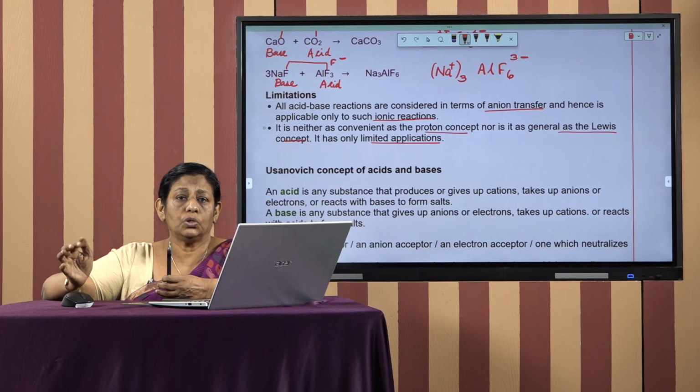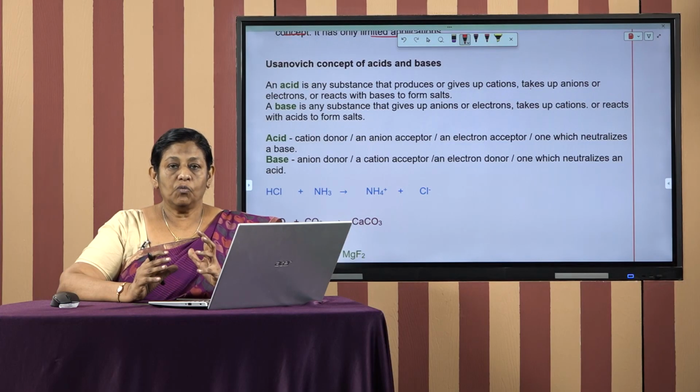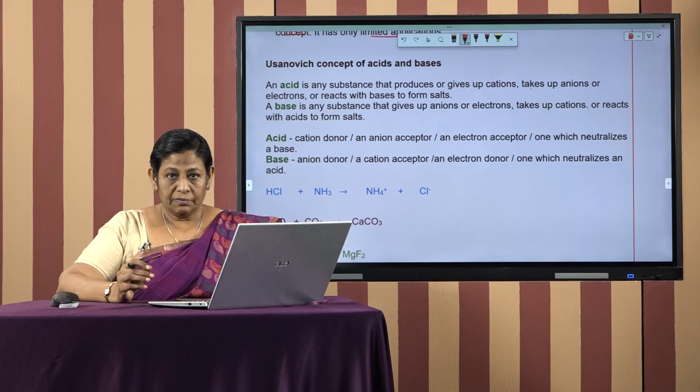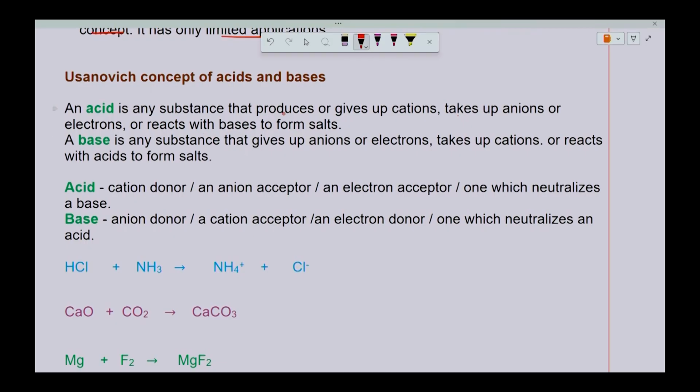So we are moving to another theory, the Usanovich concept of acids and bases. This is somewhat a broader theory, comprising most of the concepts which we have seen earlier. Here an acid is considered as any substance that produces or gives up cations, takes up anions or electrons, or reacts with bases to form salts.